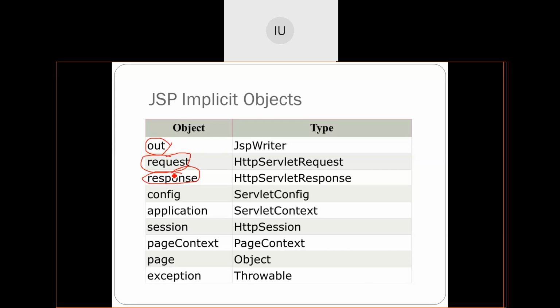How can I do that? You can very well do that wherever you want. You can write your HTML tags as usual. But wherever you want the Java code to be included as part of the JSP file, start that with a scriptlet tag, and wherever you want to end the Java code, end it with the scriptlet tag ending.